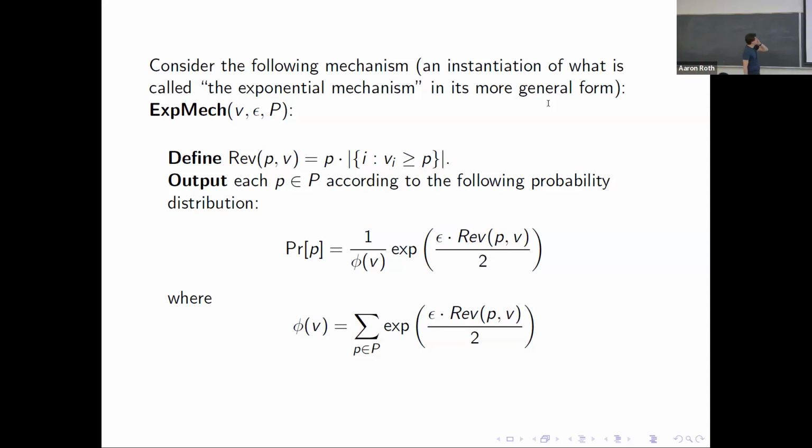And one thing I want to note, something that's going to become relevant in the analysis, since we have to think about the effect of unilateral deviations on this algorithm. How's the algorithm going to behave differently if someone changes their bid? It can be that the identity of the best fixed price, the revenue maximizing fixed price, swings wildly if one person changes their bid.